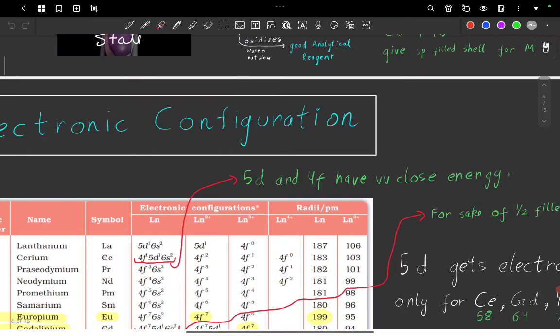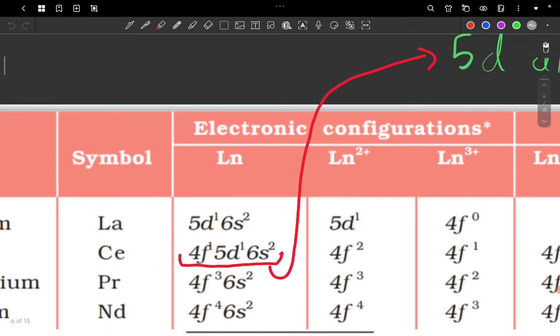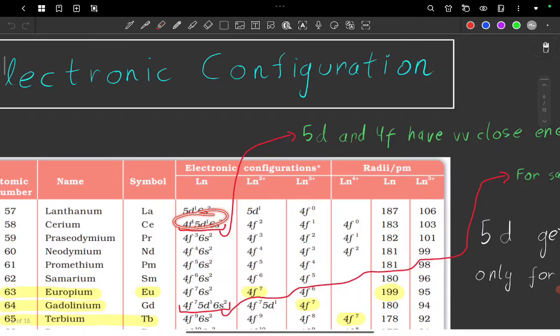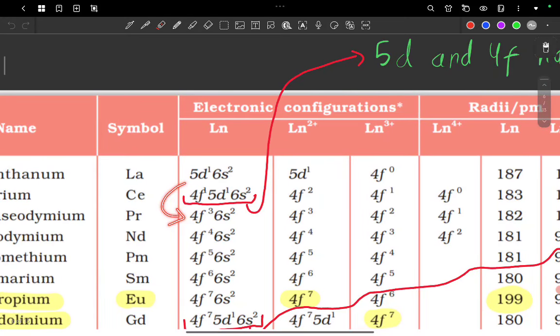So, using Pauli's exclusion principle and Hund's rule of maximum multiplicity, if these orbitals are degenerate, before electron pairing can occur, they go into the 4f subshell. Now, they have very close energy. After this electron comes, this alters the energy of the 4f and 5d subshells, and then the coming electrons are just added into the following, like this.